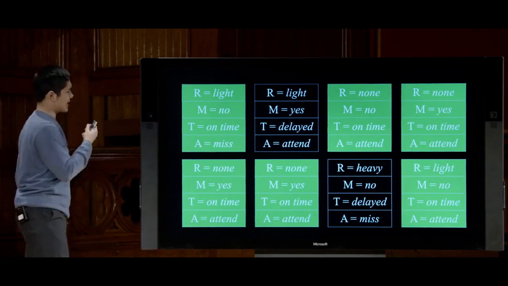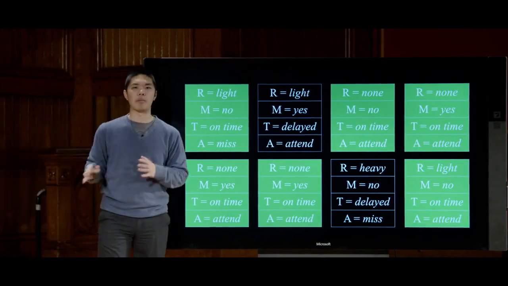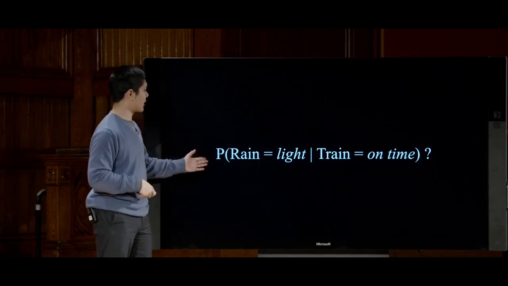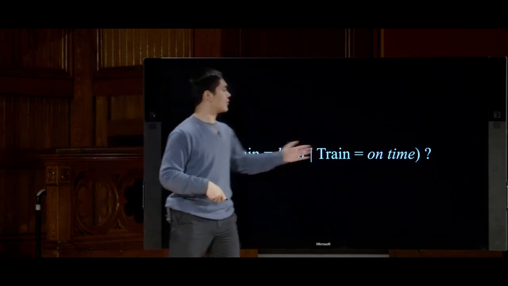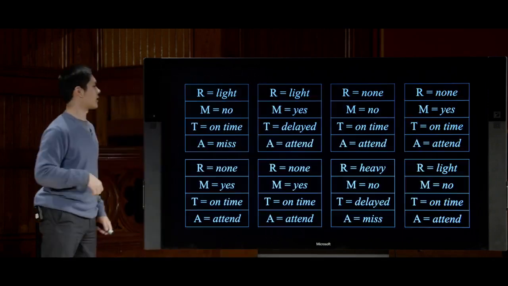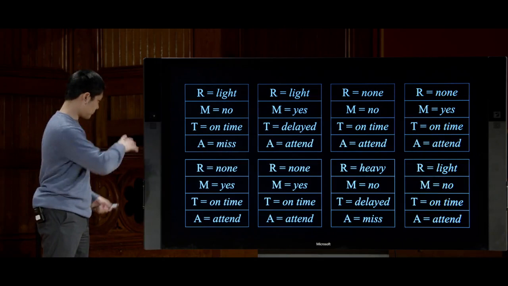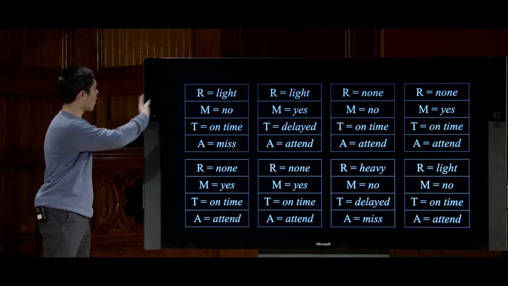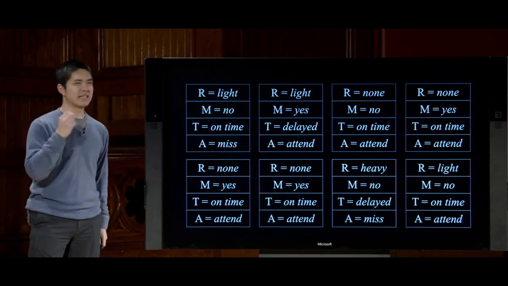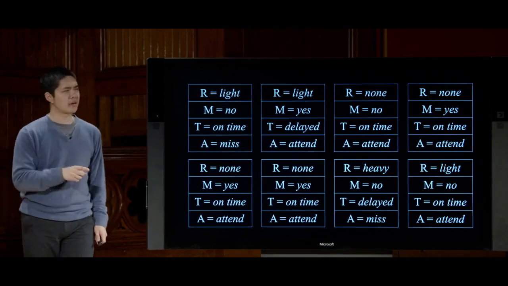But sometimes what I want to calculate is not an unconditional probability, but rather a conditional probability. Something like, what is the probability that there is light rain given that the train is on time? To do that kind of calculation, here are all the samples that I have, and I want to calculate a probability distribution given that I know that the train is on time.